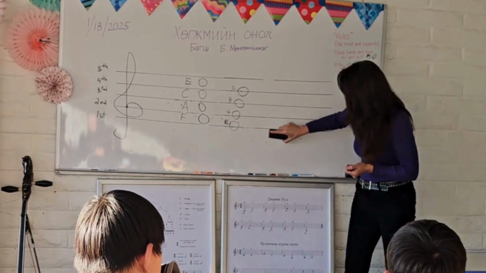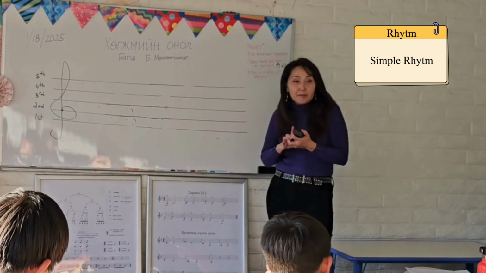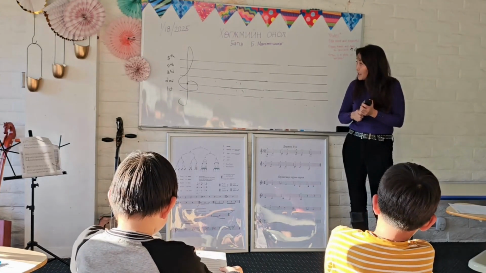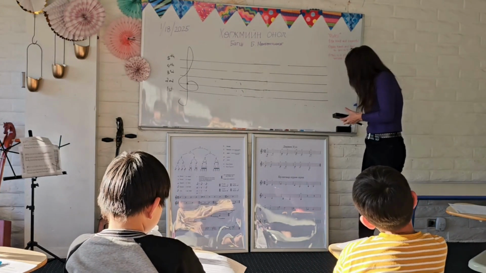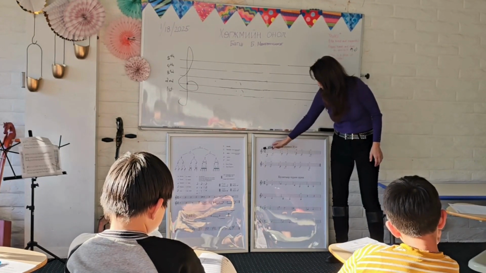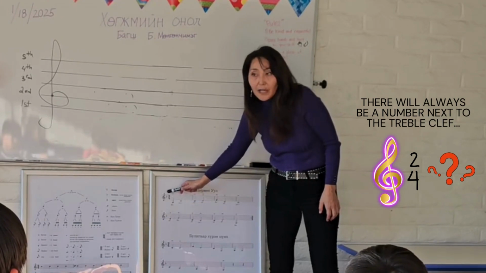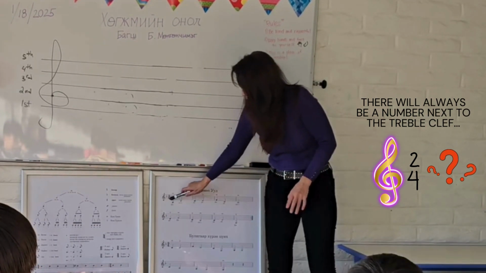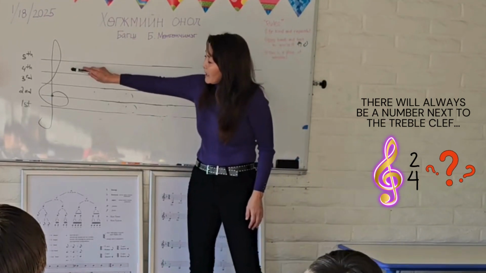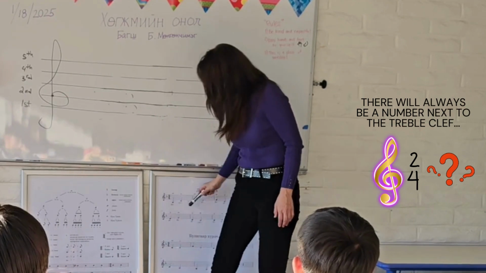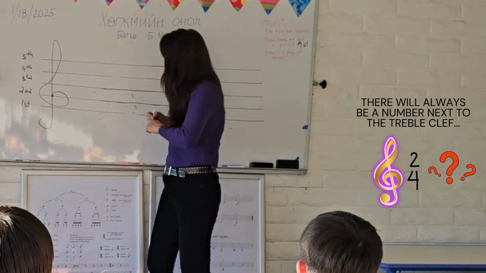Okay. So we're going to start with the rhythm. Just a little bit of simple rhythm, okay? Before we start rhythm, has anybody seen these numbers? Whoever reads music, you probably notice there's always a number right next to the treble clef.